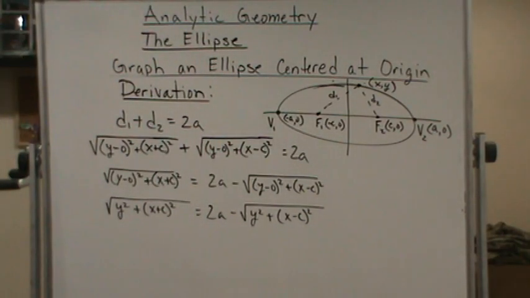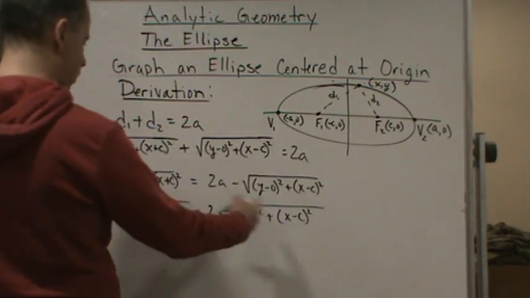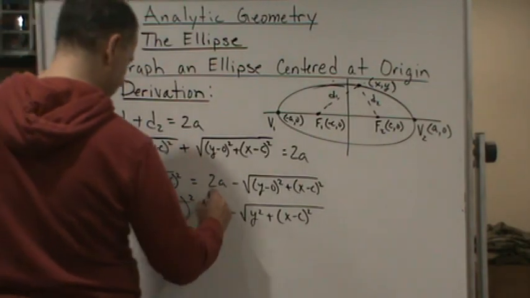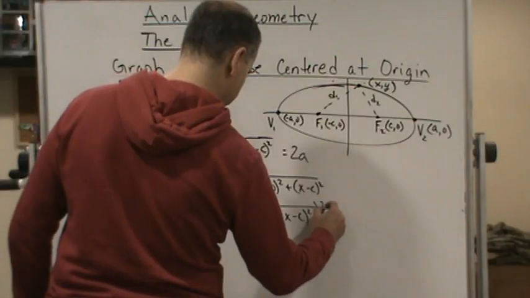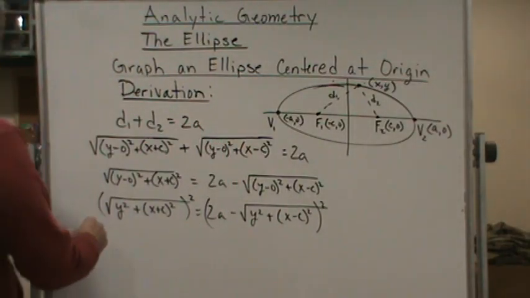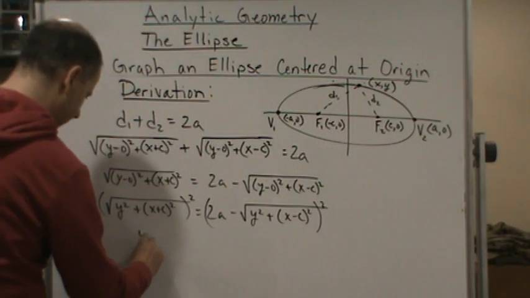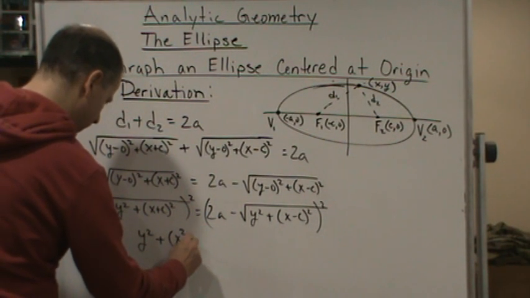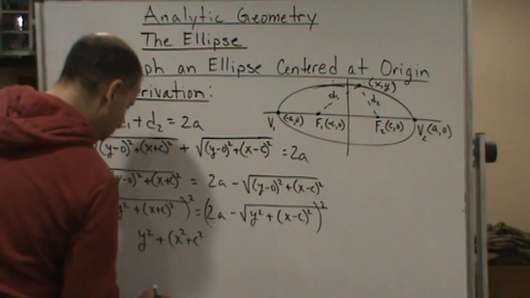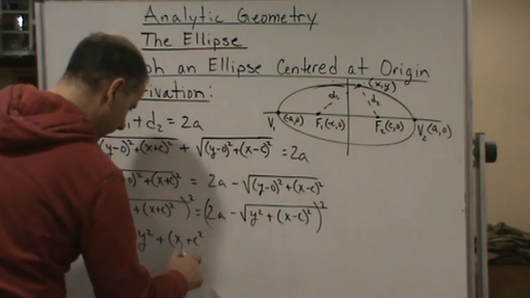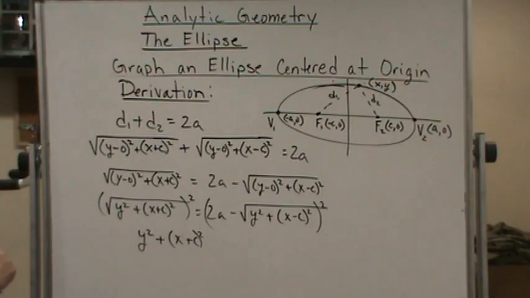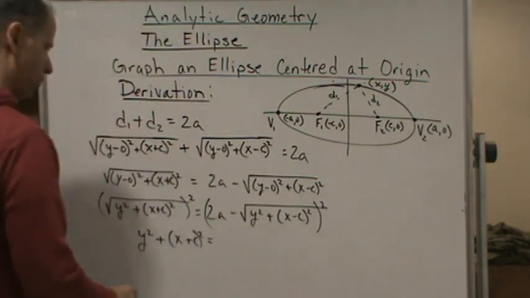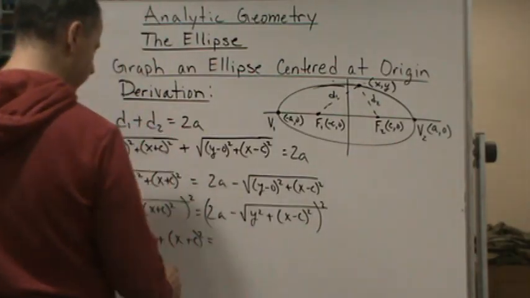All right, so now I'm going to square both sides. I'm going to square this side, and I'm going to square this side. Now this is going to get rid of the radical over here, so I'm just going to end up with y squared plus the quantity x plus c squared. Oops, not x squared, sorry, x plus c, quantity squared. And then over here, I'm going to use the distributive property because I've got a binomial here.